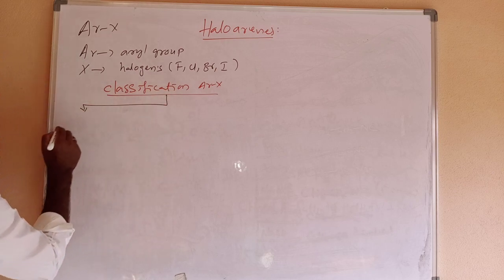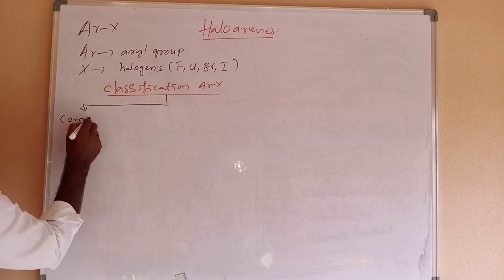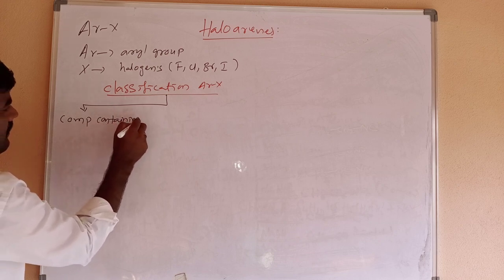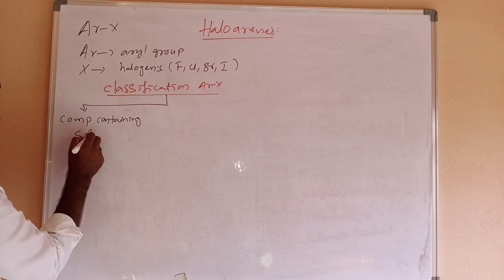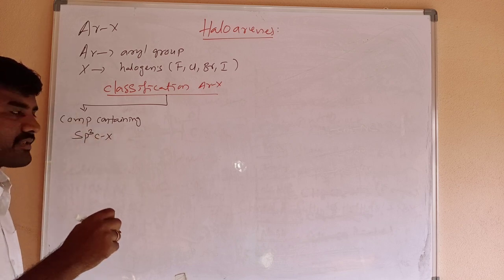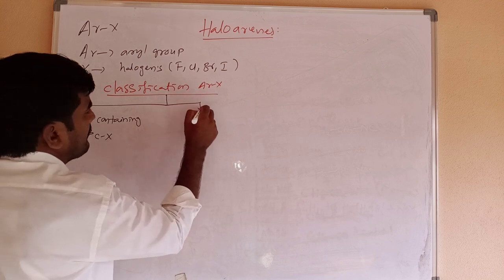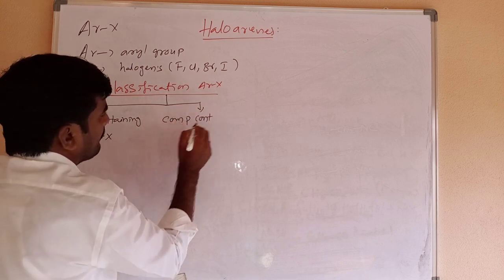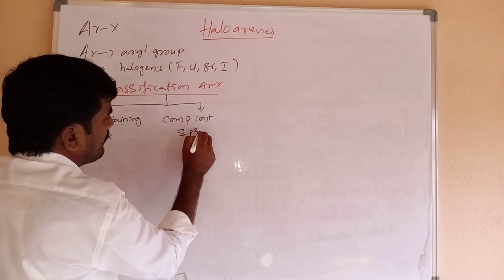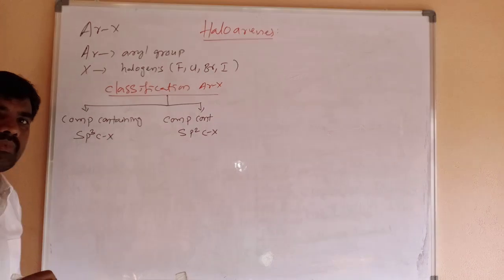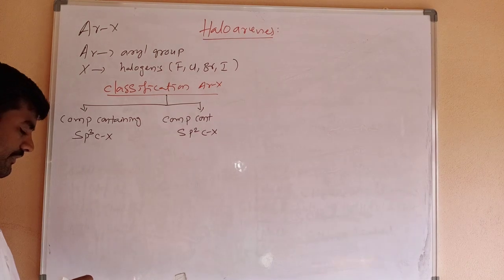First one, compounds containing sp3 C-X, meaning halogen directly linked to the sp3 carbon. And the second classification is compounds containing sp2 C-X, meaning halogen directly linked to the sp2 hybridized carbon.